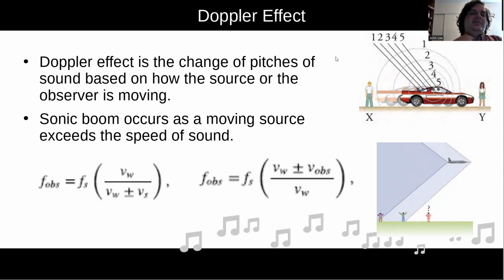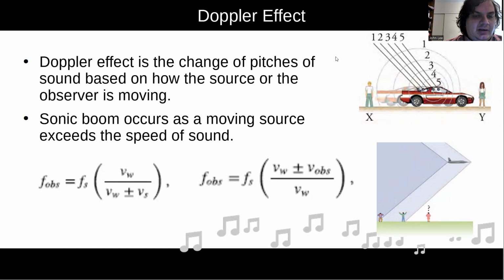So F observed is equal to the initial frequency F times the velocity of the wave over the velocity of the wave minus or plus the velocity of the source. So the velocity of the source is what's coming towards or away from you.